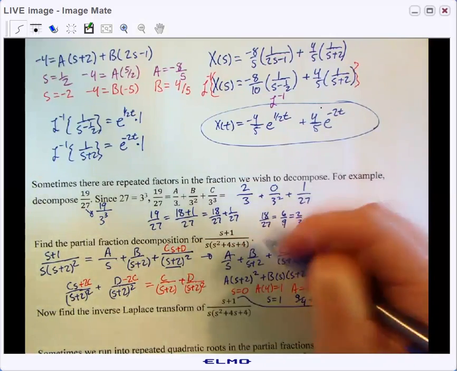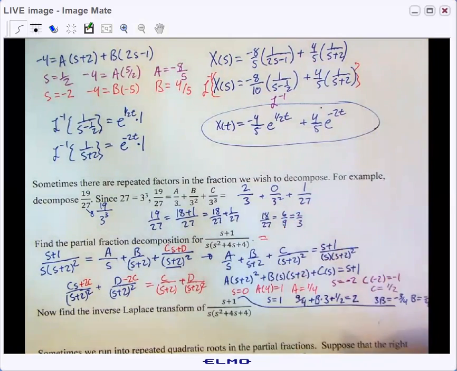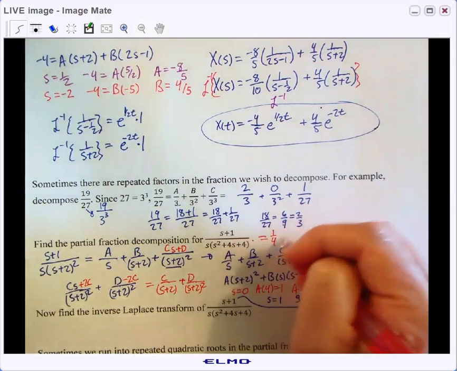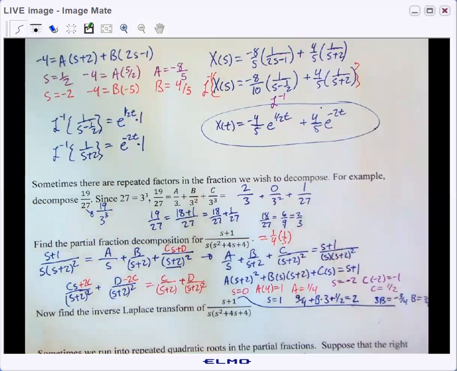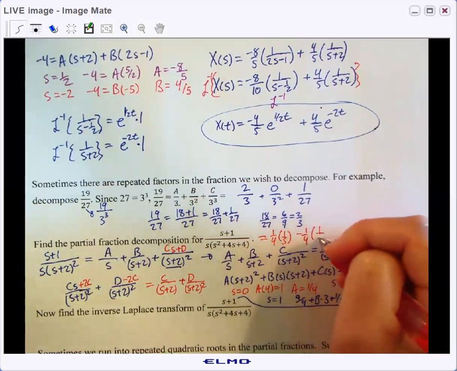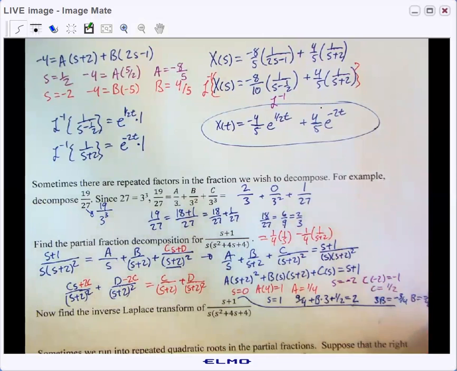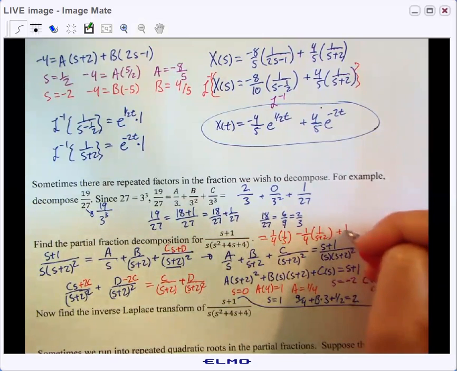So this guy, when all is said and done, is going to be 1/4 times 1 over s minus 1/4 times 1 over s plus 2, and c, which was plus 1/2 times 1 over s plus 2 squared.